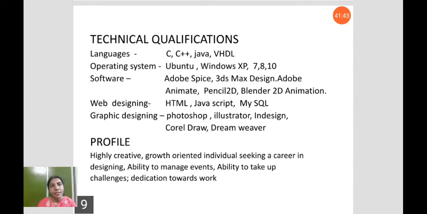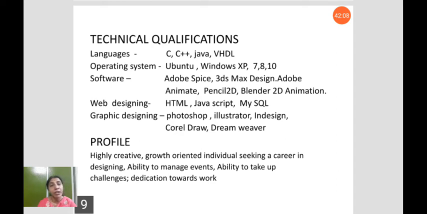And web designing, then graphic designing again. Here the candidate must know these things, Photoshop, Illustrator. This is mandatory, so that's why I have kept it as usual. Here, growth oriented individual seeking a career in designing.